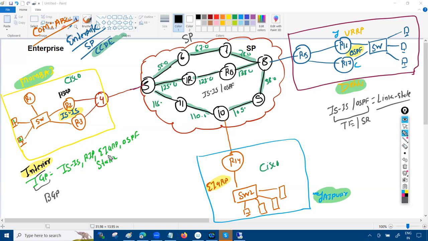Do you know one thing? Whatever protocols you are seeing right now, all these protocols date from the 80s and 90s. Engineers made enhancements to the protocols and relaunched them with different RFCs and features. But originally, these protocols came in the 80s and 90s.